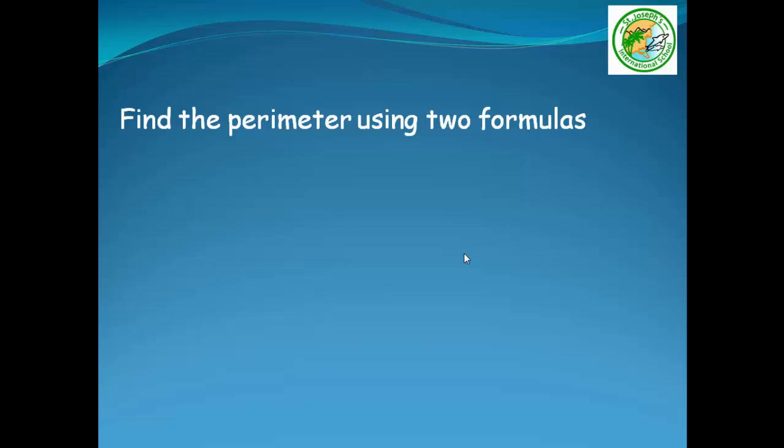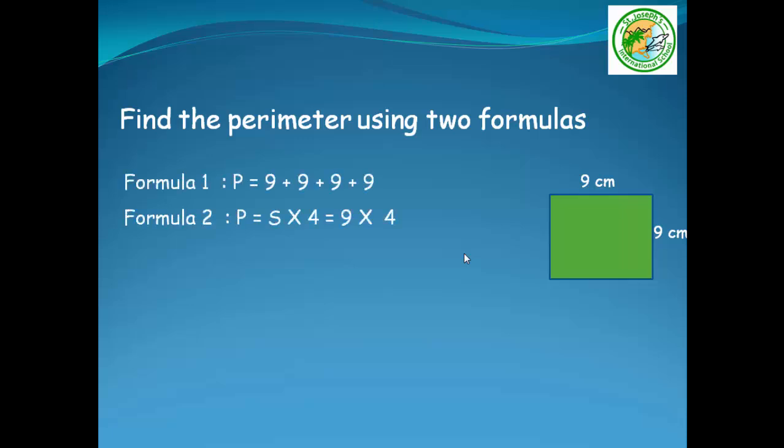Find the perimeter using 2 formulas. The first one, we have a square, its side length equals 9 centimeters. Yes, this is a square because the length equals the width. The 4 sides are equal. Formula 1, by adding the 4 side lengths.